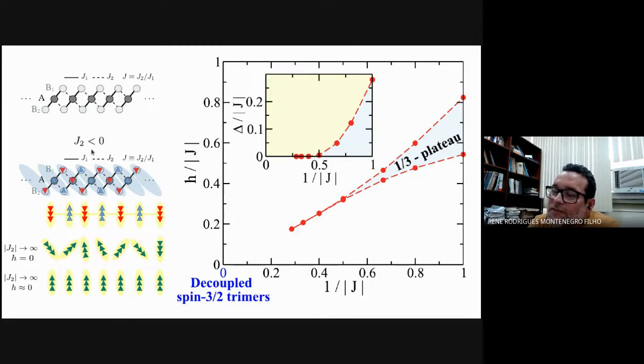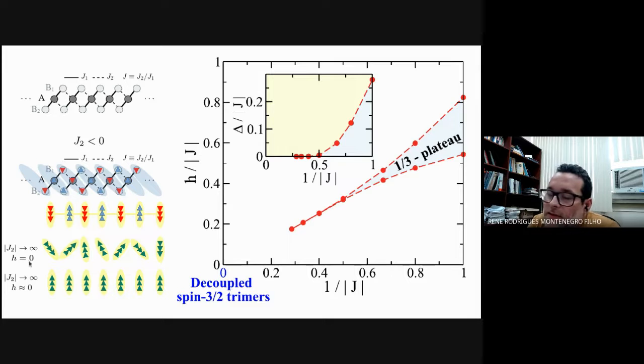Notice that we have J2 negative, so these spin 1/2 are ferromagnetically oriented, and in this case, if J2 is sufficiently negative, we will have spin 3/2 coupled by a renormalized coupling here.